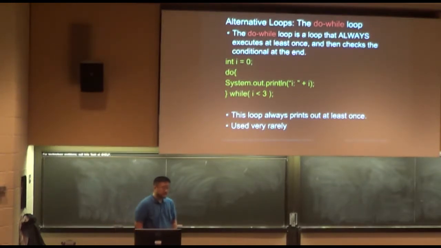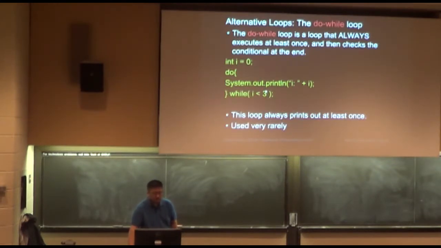So the do while loop has its own syntax, just like the while loop. It starts with the word do, but then is immediately followed with the curly braces and statements inside the body of the loop. After the curly braces, you follow with a while and parentheses, which is a condition.